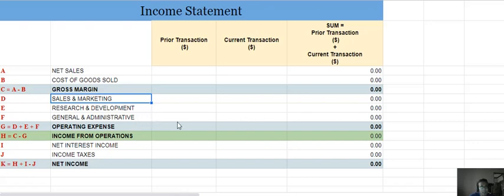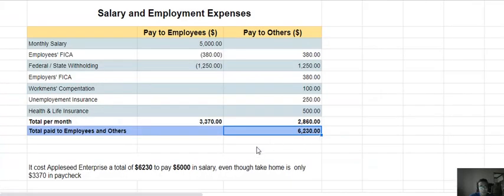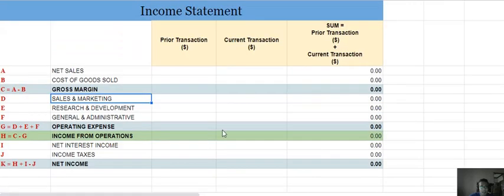Till now there are no general and administrative expenses, and I am considering this $6,230 as general and administrative expenses. So in the current transaction column against this general and administrative expenses, I am adding $6,230.